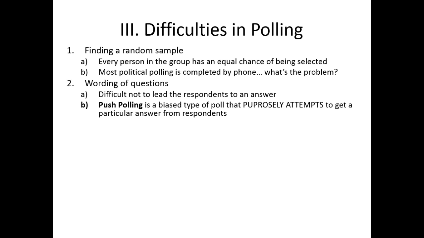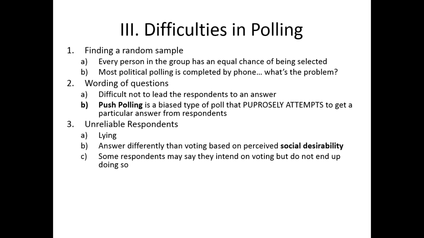If they ask a question like, is Barack Hussein Obama doing enough to stop terrorism? Obviously, by using his middle name on purpose, they're pointing out things about Barack Obama, about his ethnicity. That's an example of push polling.